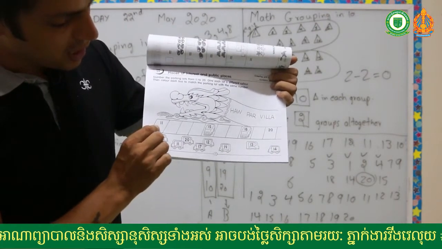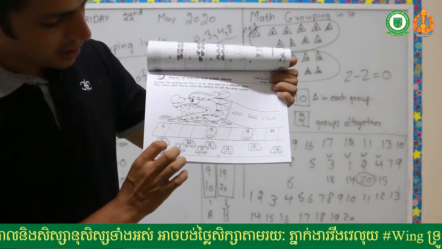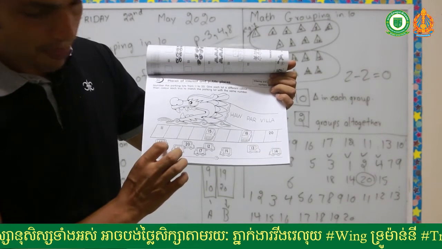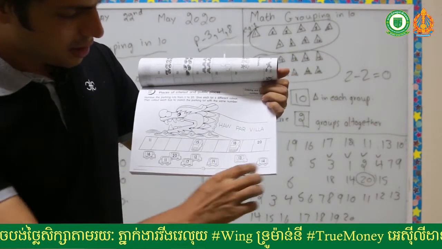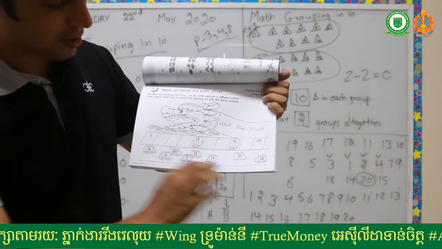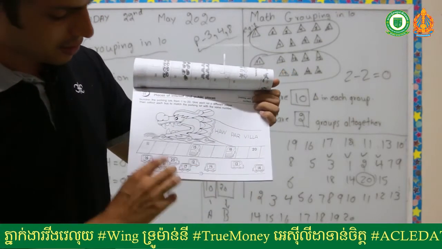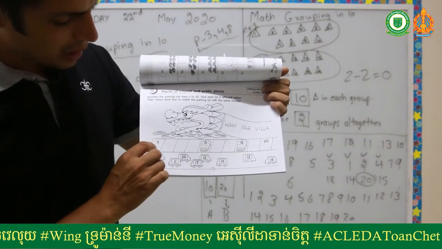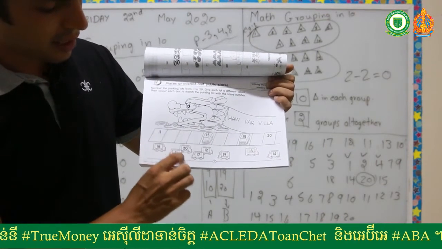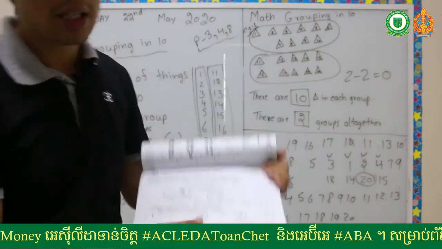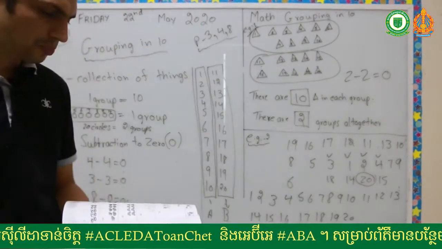So whatever you color here, you need to color the same number here. These are buses. So if you color green here, you need to color the number 11 bus green too. So this is your first homework.